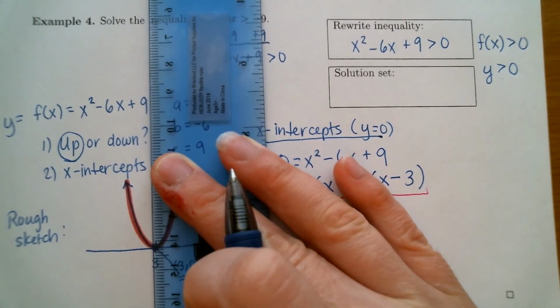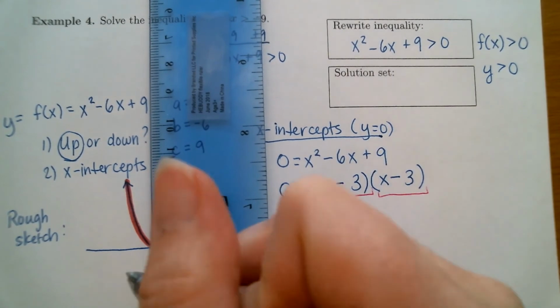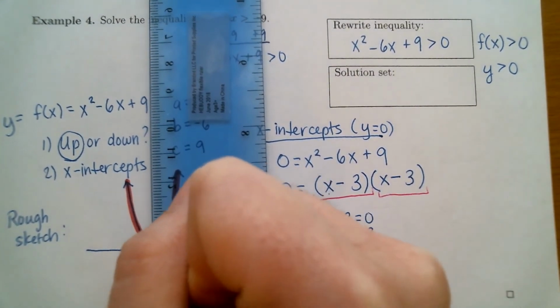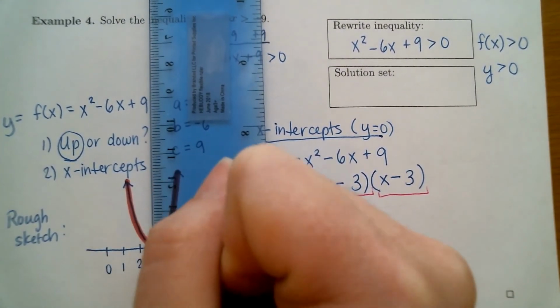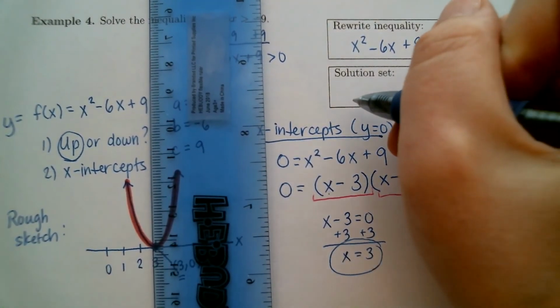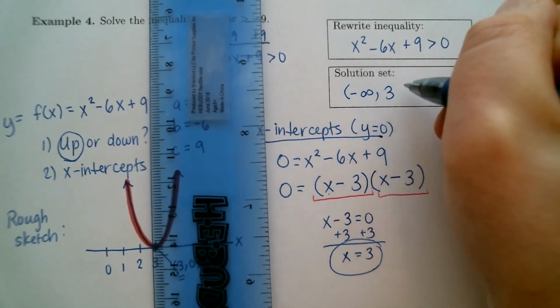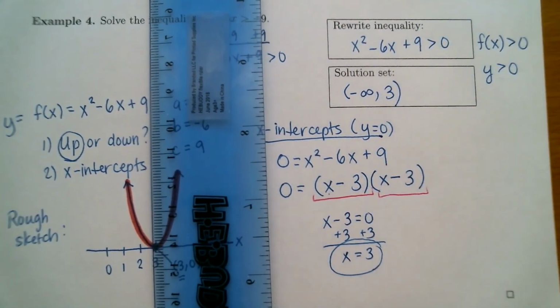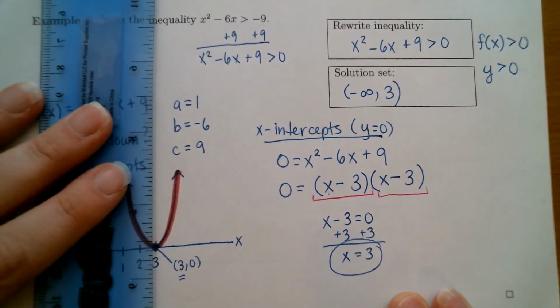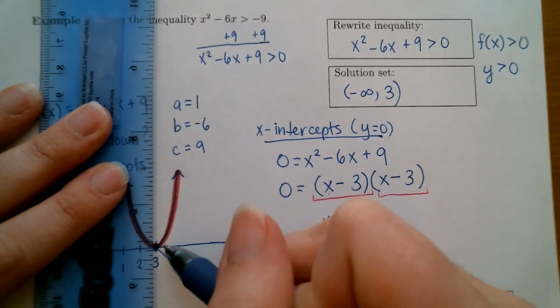Everything to the left of 3. Remember, you want to use interval notation and write down x values. The x values over here are going to be anything less than 3. So this segment is going to be from negative infinity to 3, and we don't want to include 3 because its y value is 0. On the right side of 3, this segment of the parabola is above the x-axis, so you want to include that.